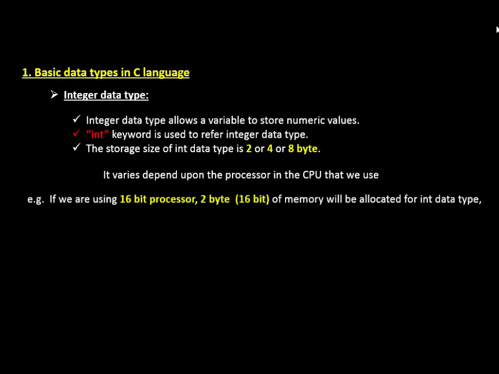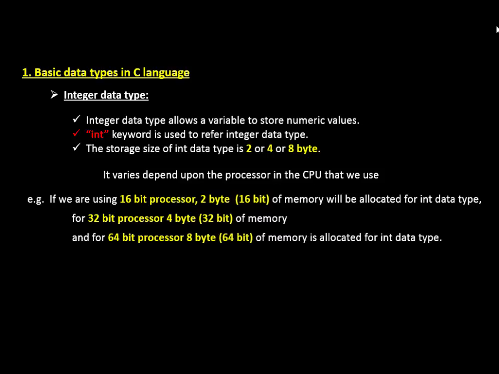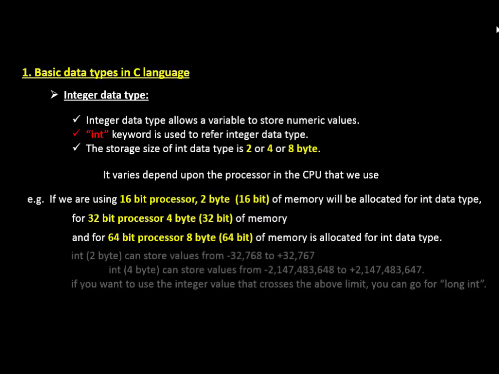For example, if we are using a 16-bit processor, then an integer has 2 bytes of memory, which means 16 bits of memory will be allocated for the integer data type. If we use a 32-bit processor, 4 bytes of memory will be allocated, that is 32 bits. And if you use a 64-bit processor, then 8 bytes of memory will be allocated to the integer data type.